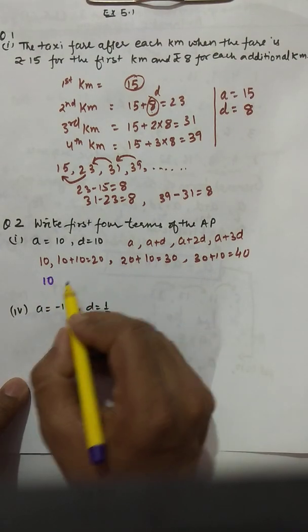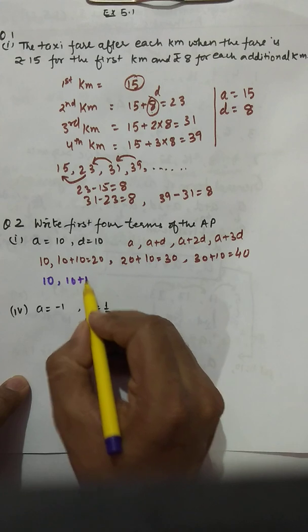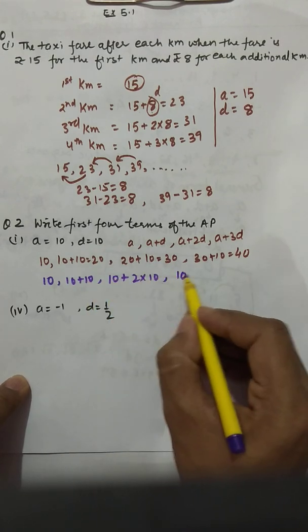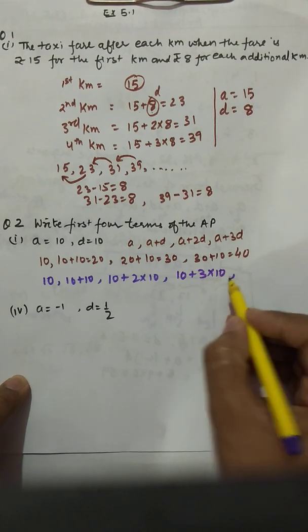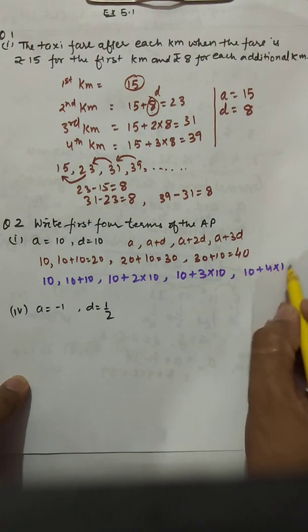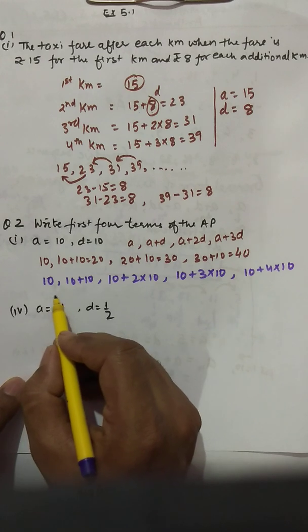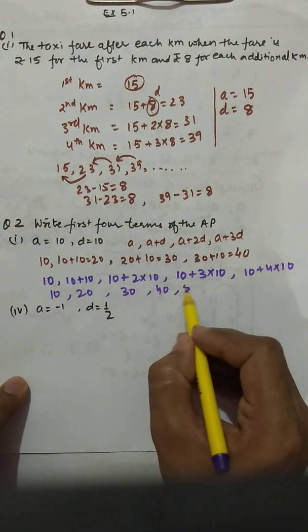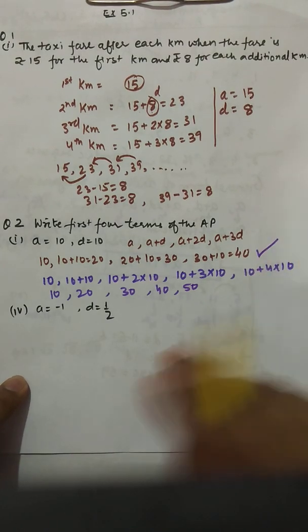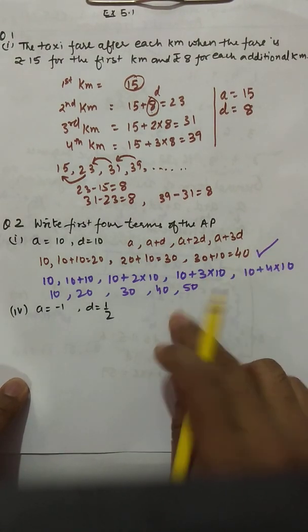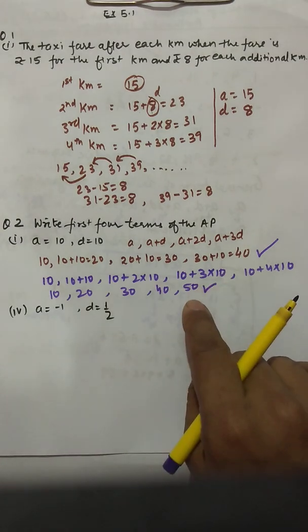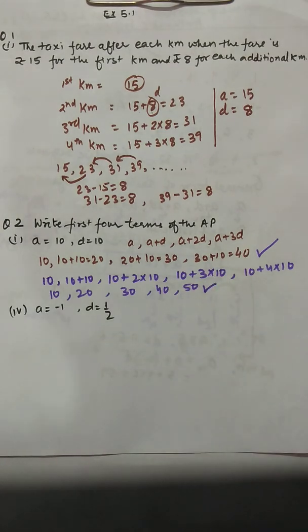This is 10, next will be 10 plus 10, next will be 10 plus 2 into 10, then 10 plus 3 into 10, then 10 plus 4 into 10. So you can also write that as 10, 20, 30, 40, then 50. Either you go this way or that way. You must understand both, because both are required.